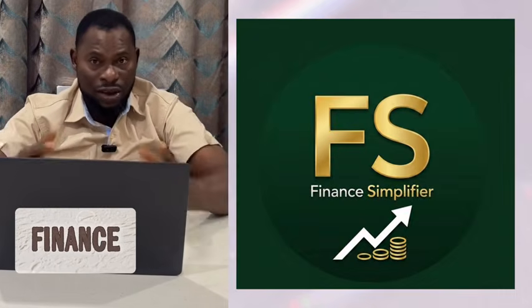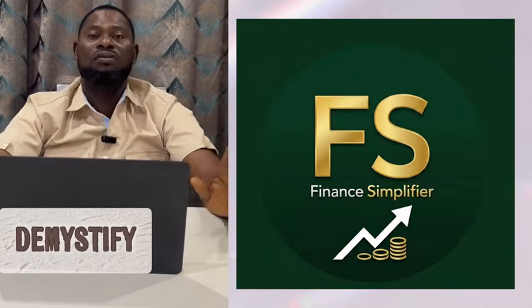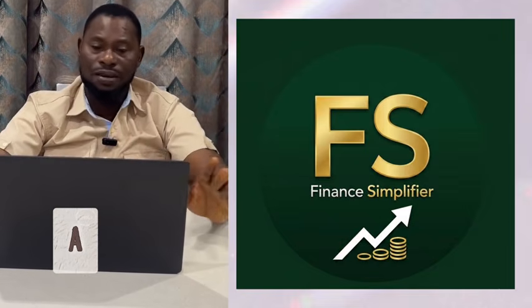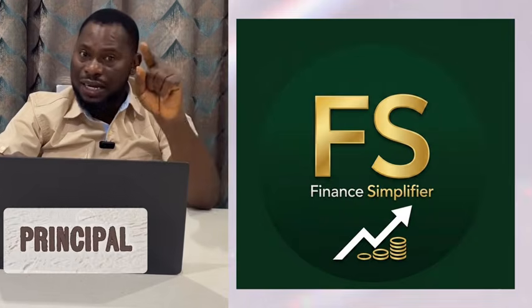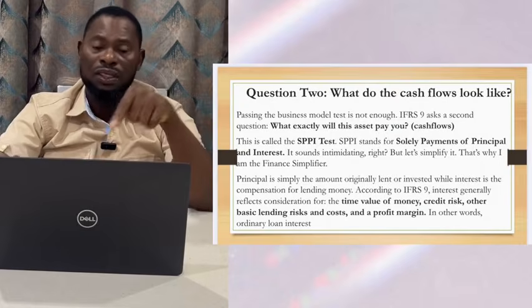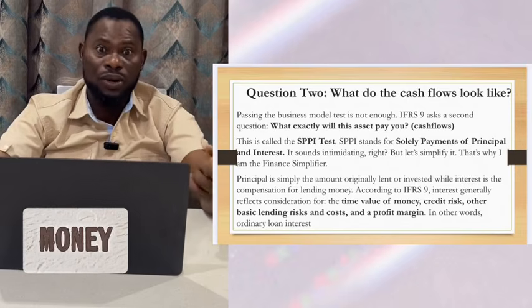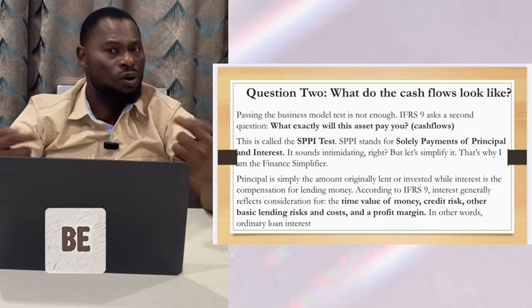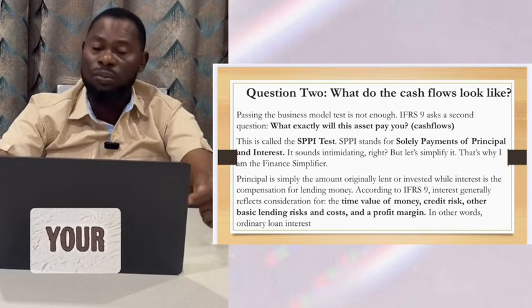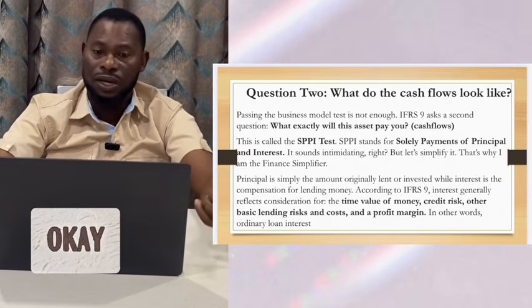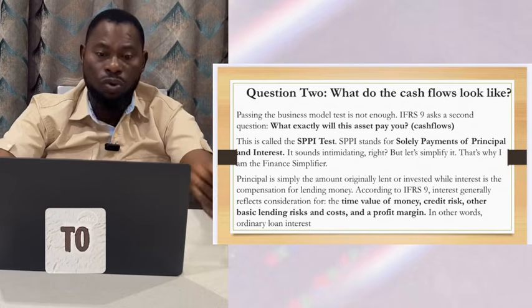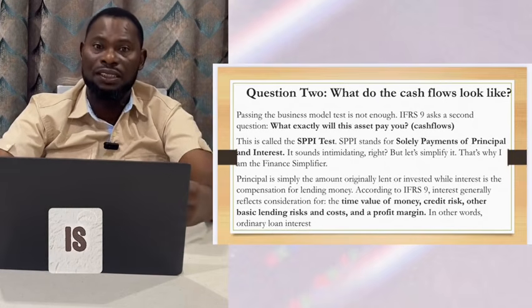And because I am the finance simplifier, I'm going to demystify it because it's as simple as ABC. So principal is the amount originally lent or invested, while interest is a compensation for lending money. When you lend money, you are sacrificing. So you have to be compensated for lending your money. You are taking a risk, so you need to be compensated for that. So that is interest.